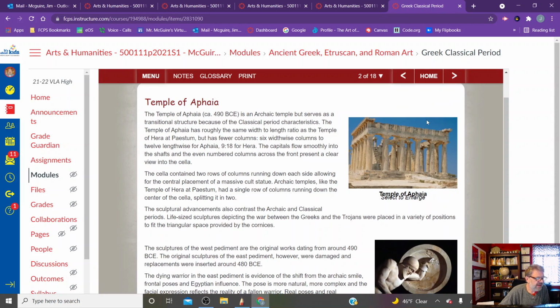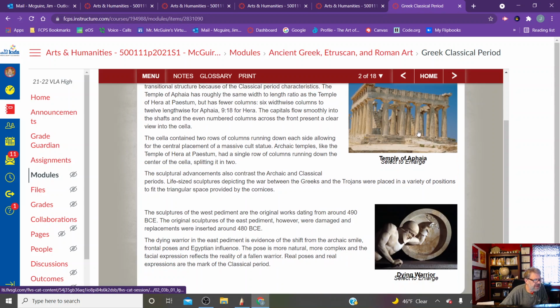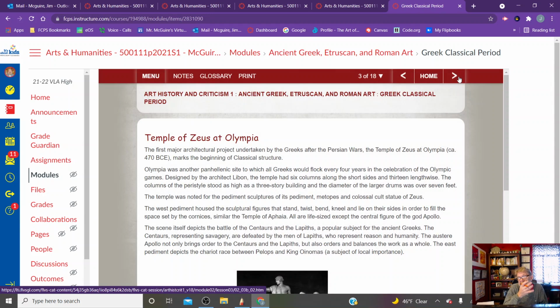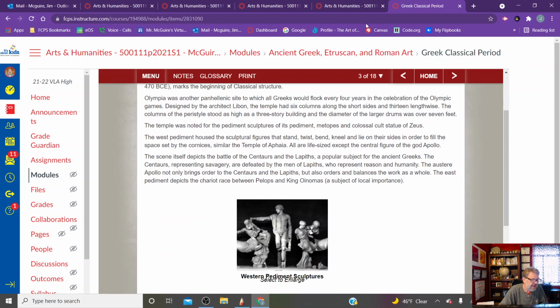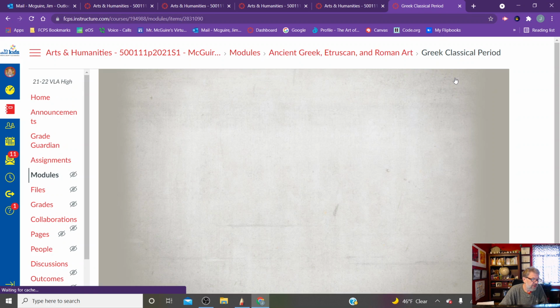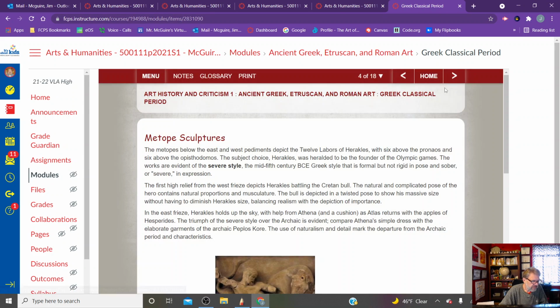Temple of Athena. Yeah, I think there is one question about the Temple of Athena. Mostly, definitely, something I'm pretty sure about is the fallen warrior. And again, not only are we looking at how the materials changed, how the style and what they created changed, but what they were depicting in these works of art changes dramatically as time goes by. So be able to discuss what those changes are and how we recognize them.